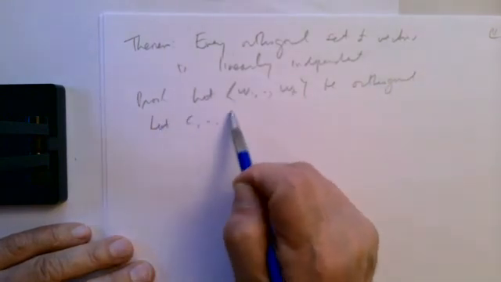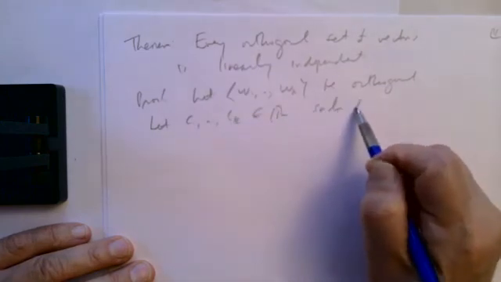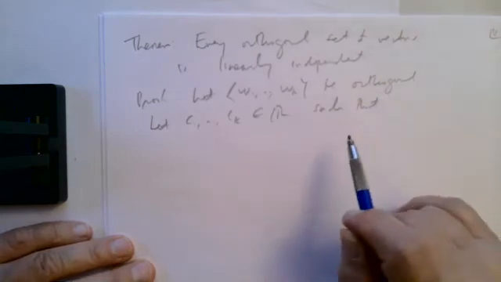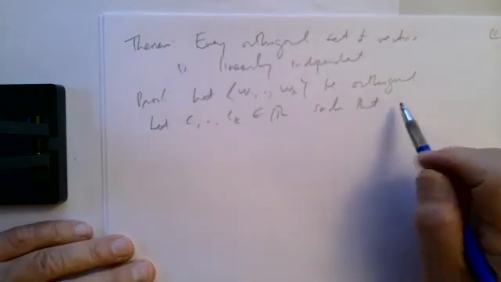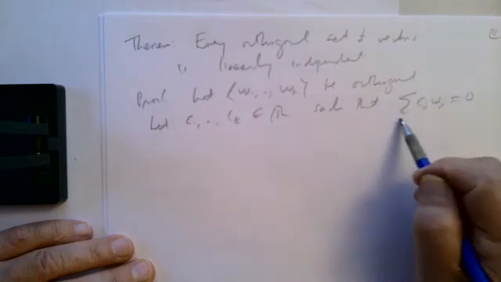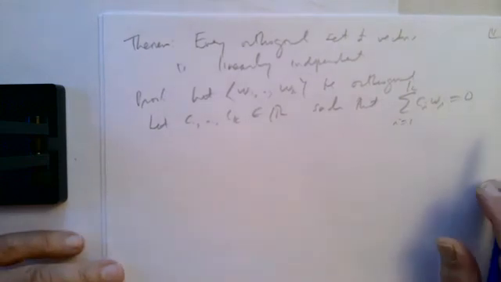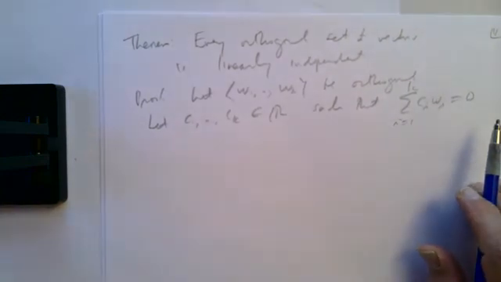Let C1 up to CK be scalars, real numbers, such that the summation of C sub I WI is 0. Suppose some linear combination of these K vectors is 0.